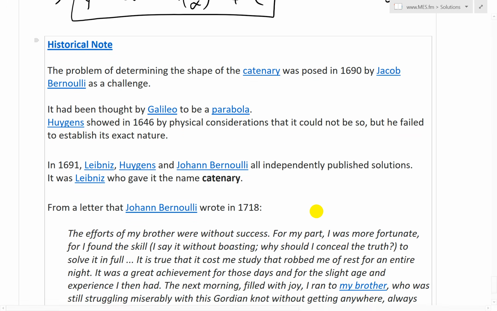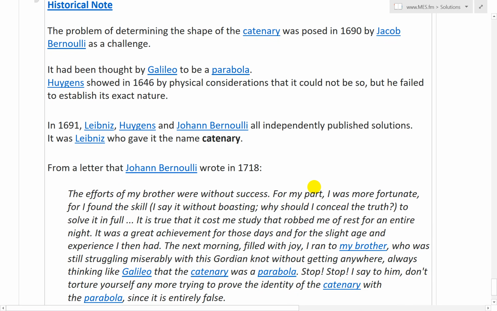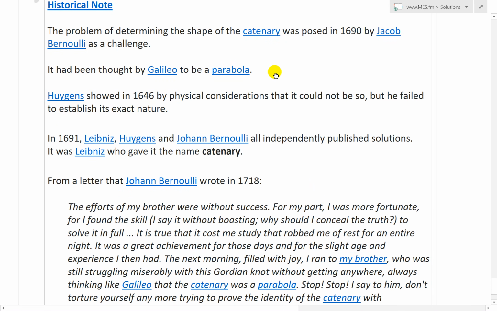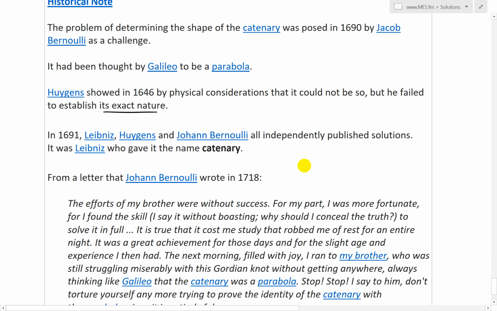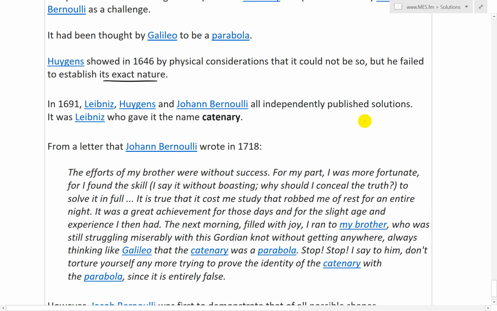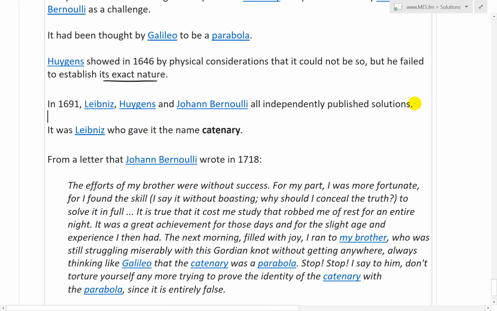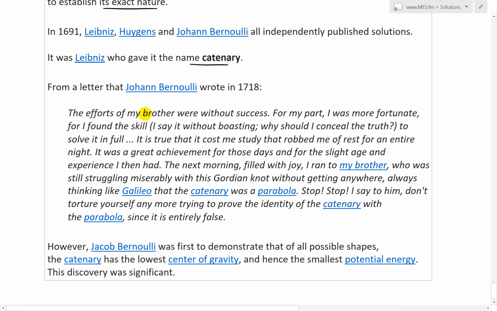It had been thought by Galileo to be a parabola, and Huygens showed in 1646 by physical considerations that it could not be so, but he failed to establish its exact nature. In 1691, Leibniz, Huygens, and Johann Bernoulli all independently published solutions. It was Leibniz who gave it the name catenary.